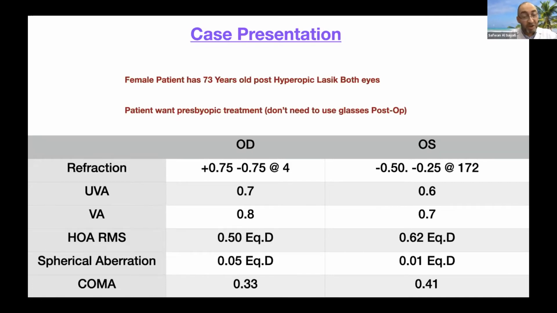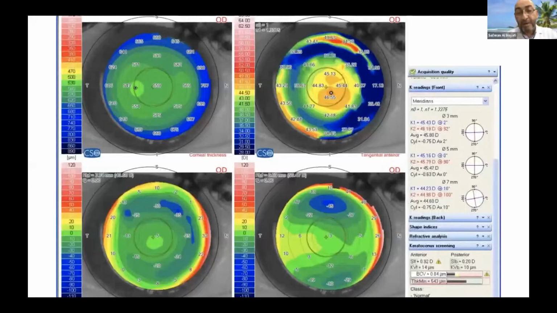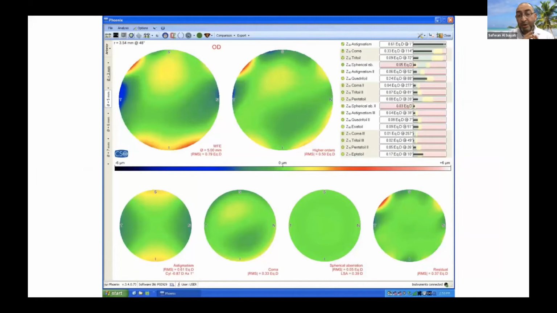Spherical aberration, I'm concerned a lot about that before the corneal map, because that guides me to the type of lens that I will select: 0.3 in the right, 0.4 in the left. If we look at the right eye, topography shows a pseudo keratoconus in the center, which is the steepening of the center resulting from the hyperopic treatment, and the K max is 46. Again, total high order aberrations are not more than 0.5.